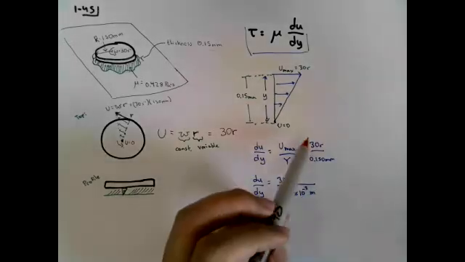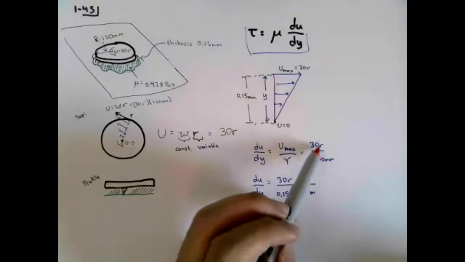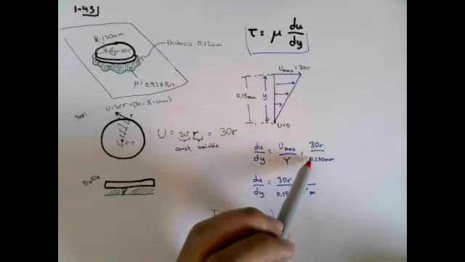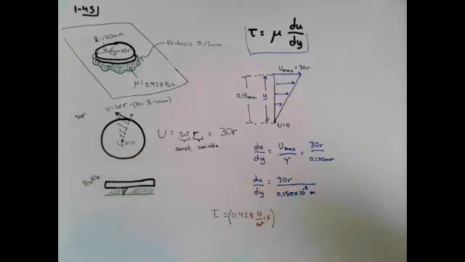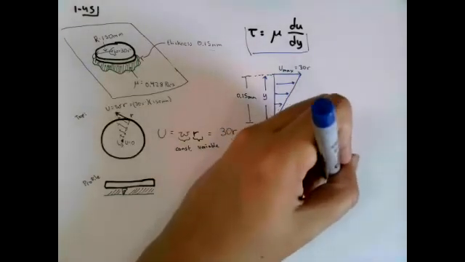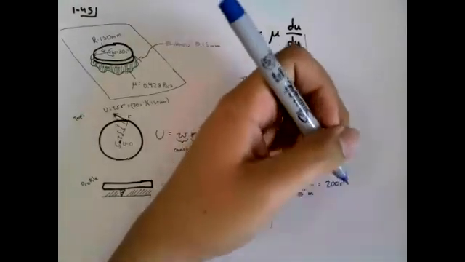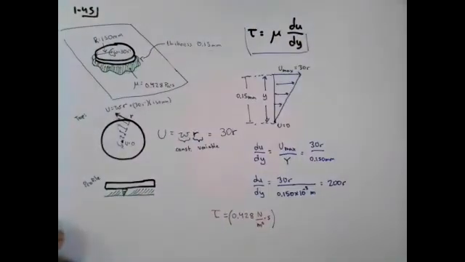Now, can somebody solve this expression for me? 30 divided by 0.15 times 10 to the negative 3? I got 200R. 200? Okay. Anybody, please feel free to correct me. If that's what you got, can somebody please double check that value? Remember that we want our units to be consistent.